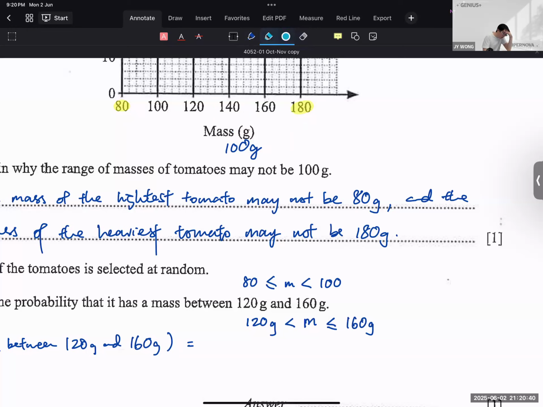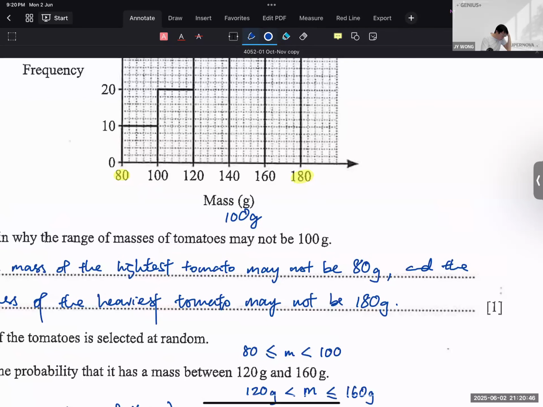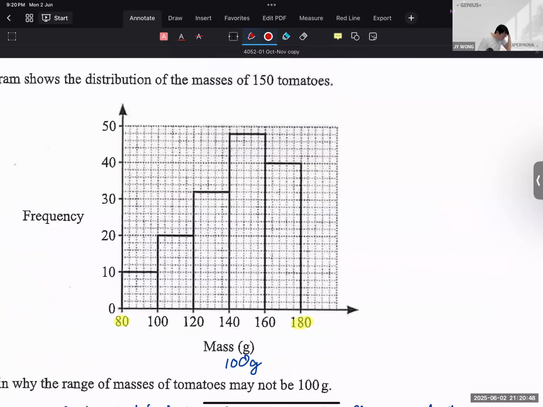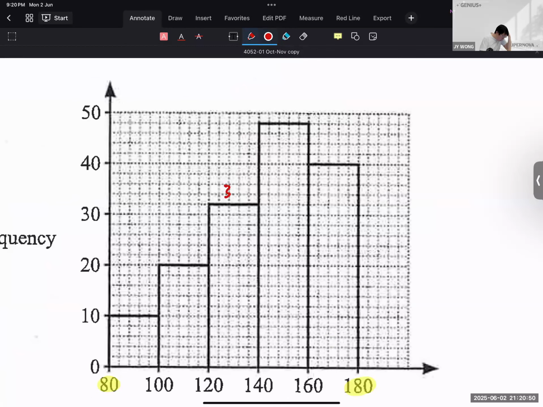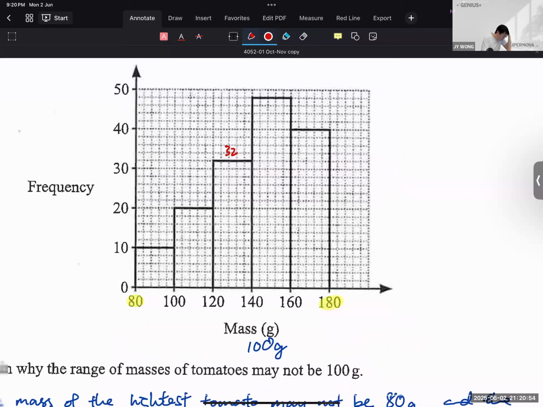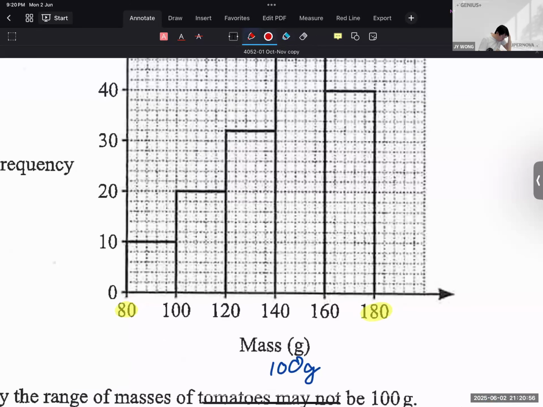It will be your third and fourth class width. And therefore, this is what? This is 32. Please don't read the numbers wrongly, for goodness sake. There were students who got this question wrong because they read the interval wrongly, I don't even know how.